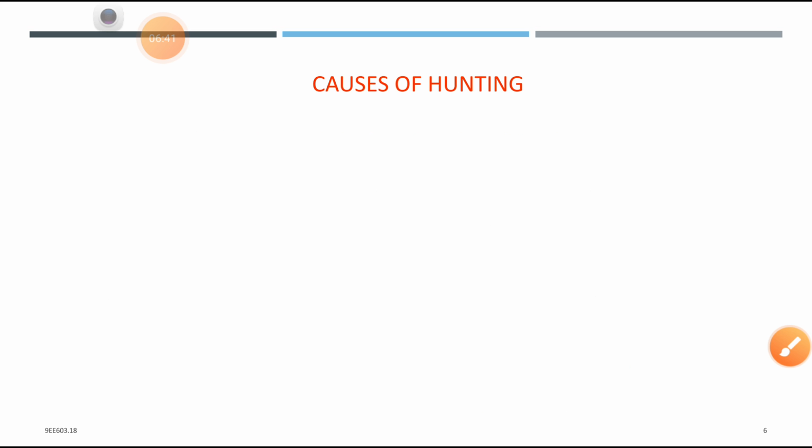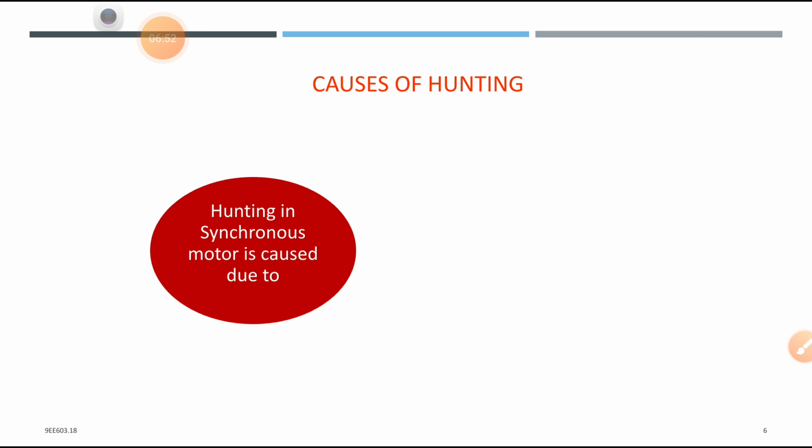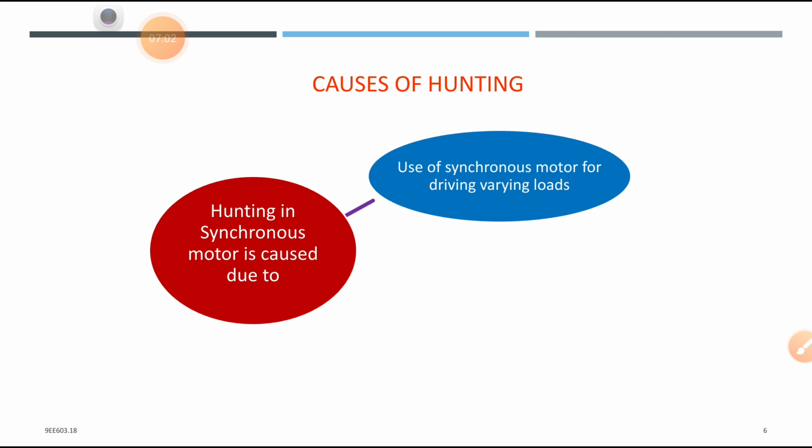Now, what are the causes of hunting? Causes of hunting are mainly due to two factors. One factor is use of synchronous motor for driving varying loads. That means the mechanical load on the motor suddenly changes.